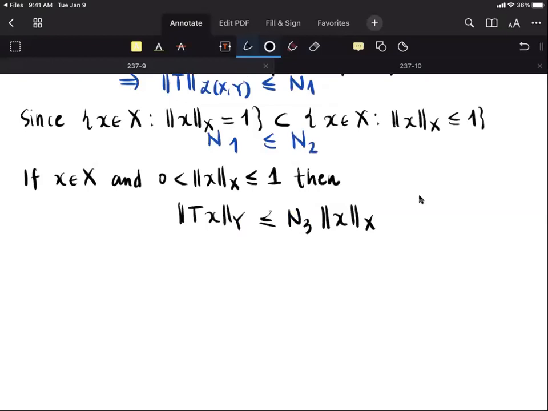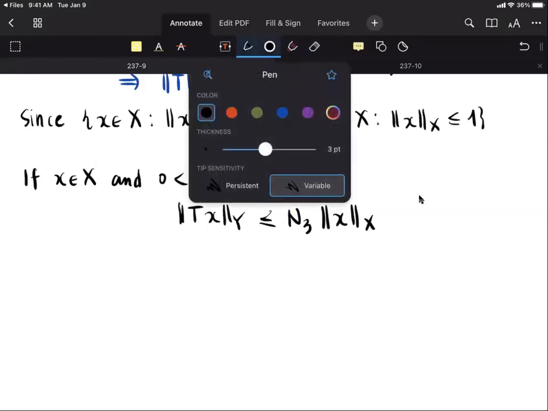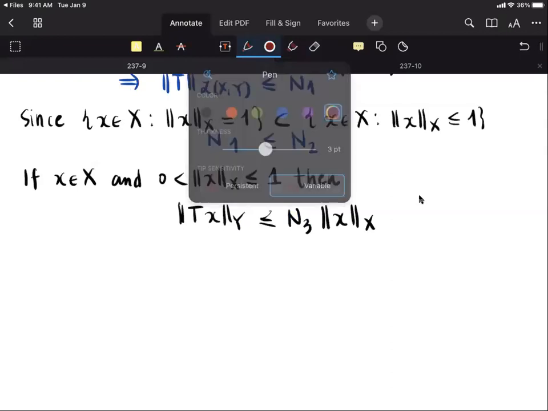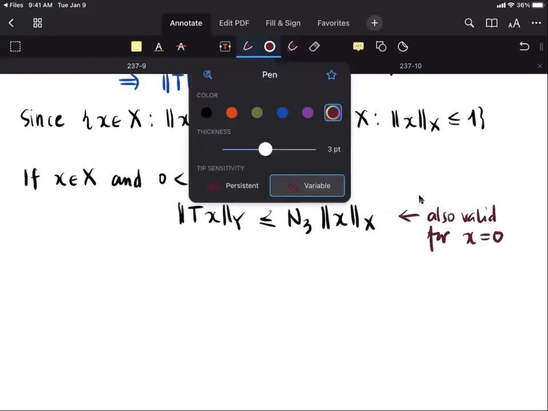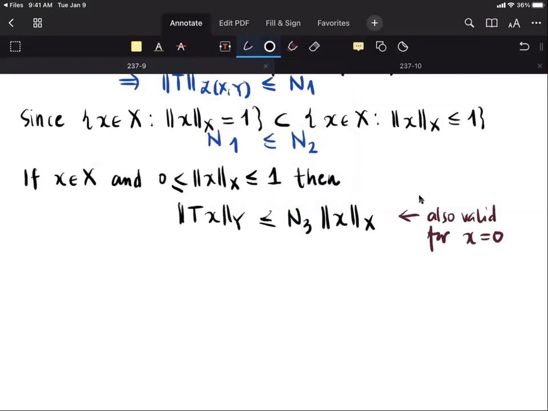Hence, from this, take note that this is also valid for x equals 0, because both sides would be 0. Okay, so we can now include here the equality for 0. And since the norm is non-negative, we can ignore that one.